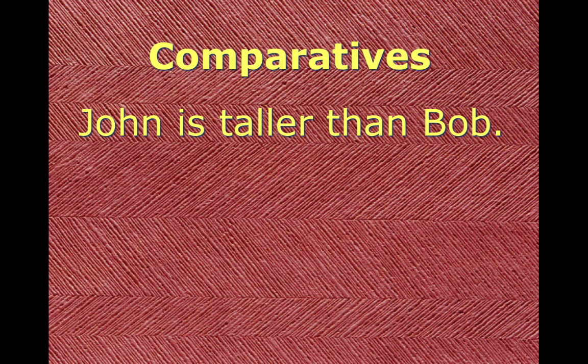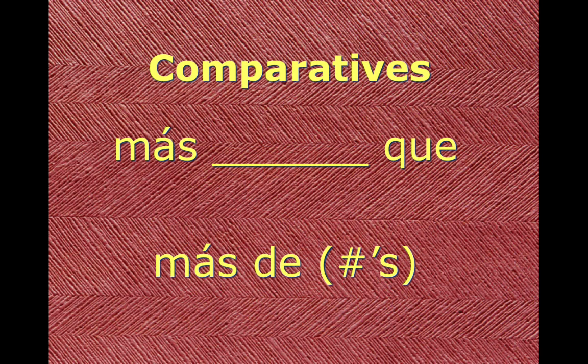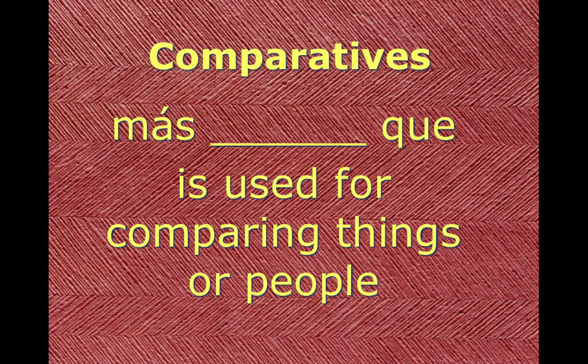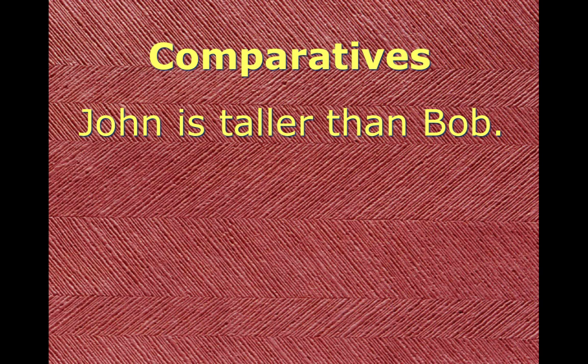Okay, so here I have a sentence: John is taller than Bob. So what I need to do is think about the adjective, which is tall, and the way that I'm making the ER ending, like taller, the way I'm making that is with that pattern, más fill in the blank que, if I'm talking about comparing things or people. In this case, these are people, so that's what I want to do.